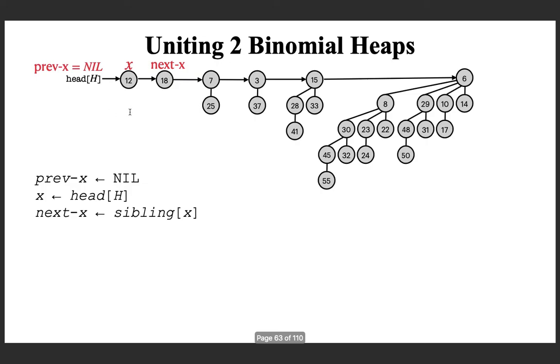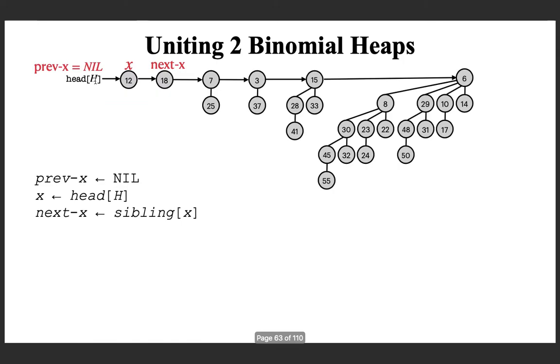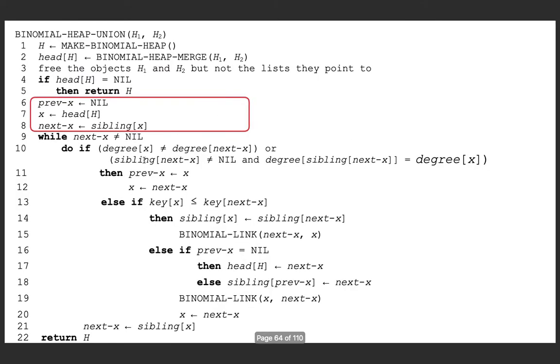So the next part of the algorithm is setting up exactly these 3 statements. Now we have a current pointer pointing to the current binomial tree, which is the first one to start with. Then we have the next x pointing to the next binomial tree, and the previous x pointing to the previous binomial tree. Now after that, once you have this setup, you have to continue doing something until the next x goes out of this list, that is, until the next x becomes nil.